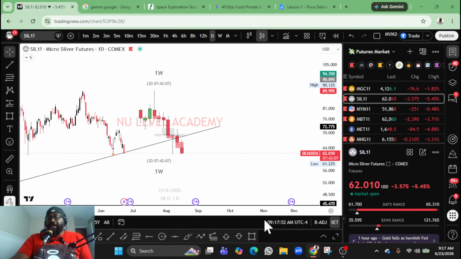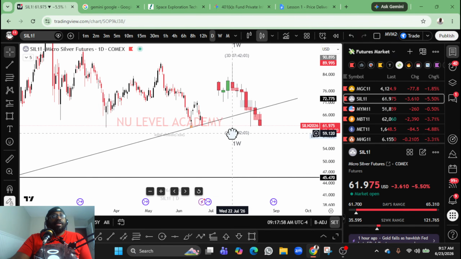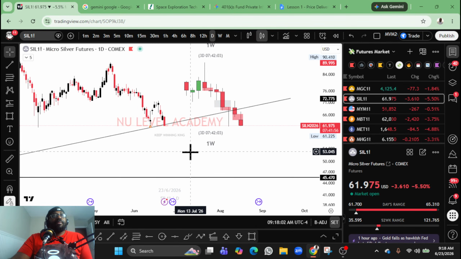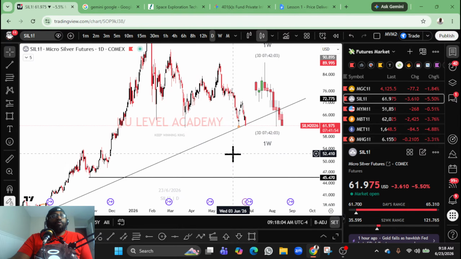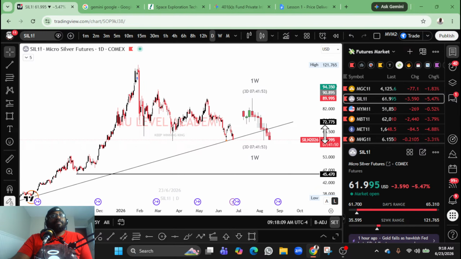See how it's just hanging here at support? Once you start closing candles there, it's going to be ugly. So for precious metals, it's not looking too good. Not looking too good for gold and for silver.